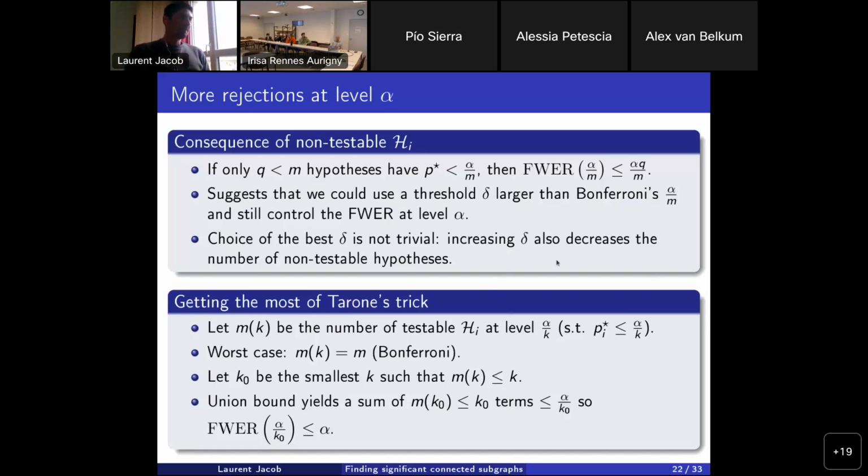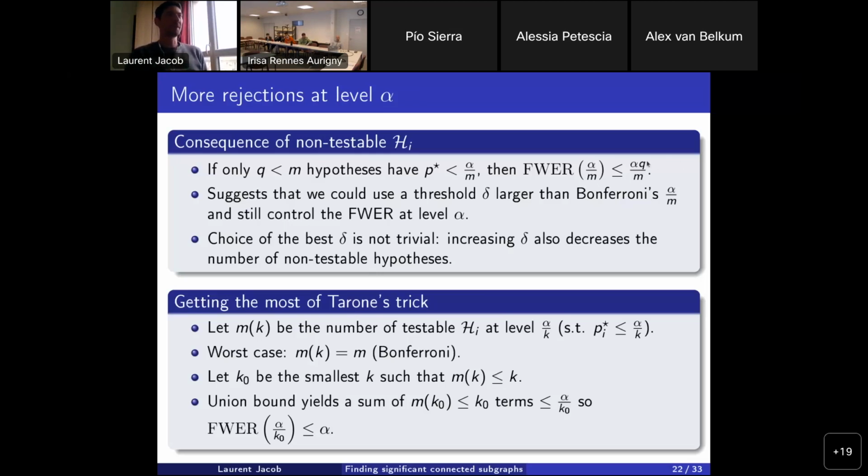The problem is, if you think about it, there is something circular in the choice of the best threshold. It's not trivial, because here we say that we can lower the threshold because Q, the number of testable hypotheses, is small, but your testable hypotheses are not defined at a particular threshold. So if you increase the threshold, then there will also be fewer hypotheses that are not testable.